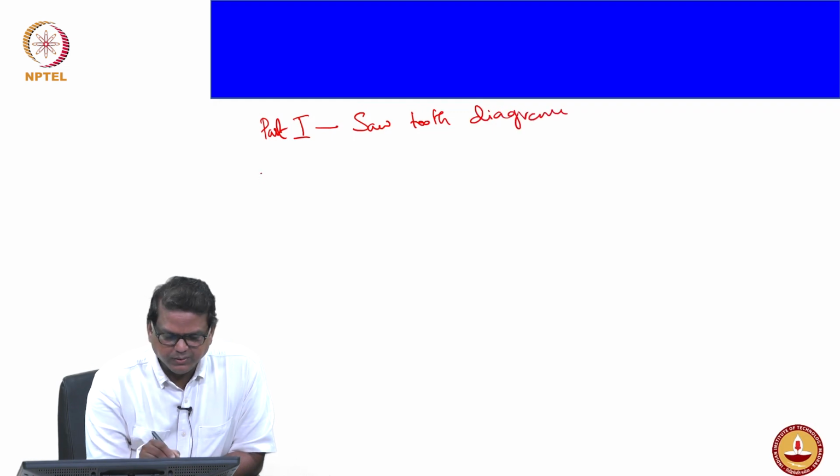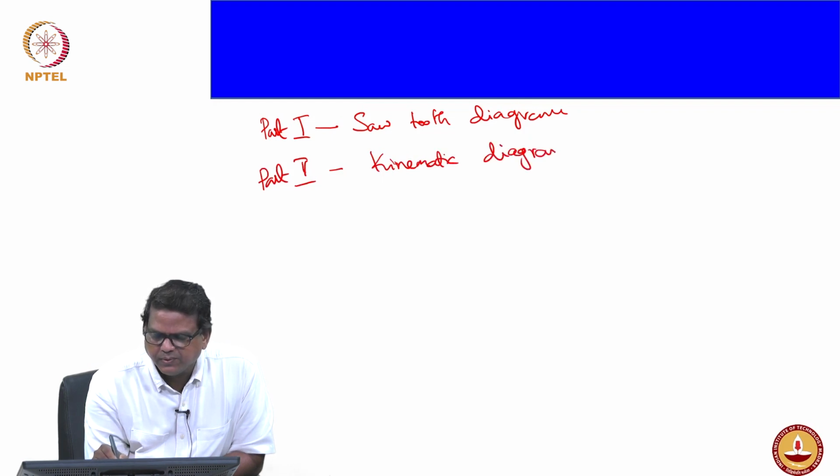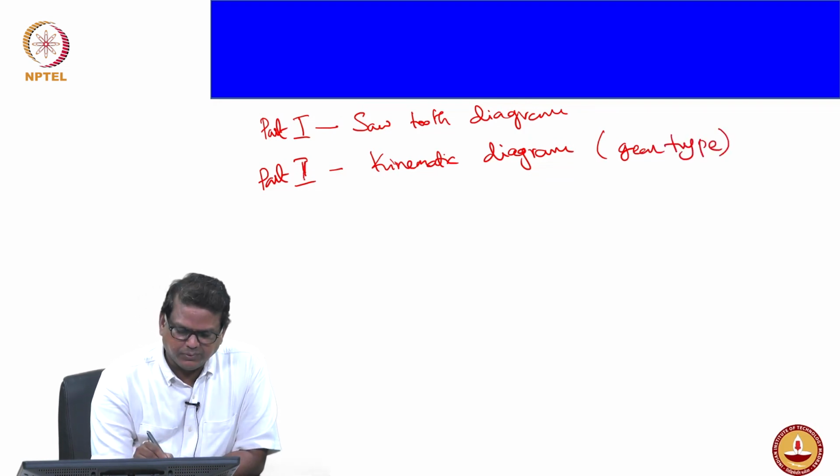In part 2, it's the kinematic arrangement, the kinematic diagram. Here we are going to understand the gear type also. What is the gear type? That information we are going to take up in part 2.